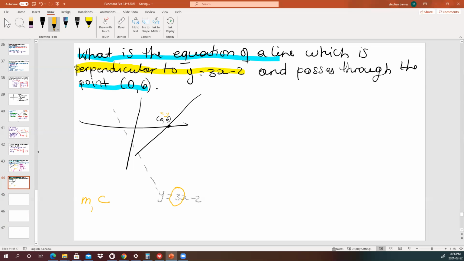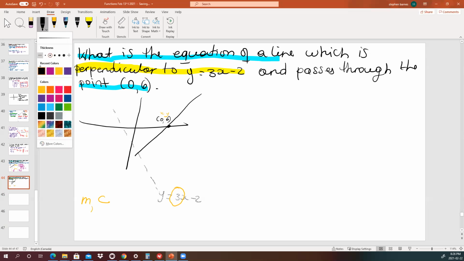So our gradient in this case, we know that these two lines are perpendicular. So we know that the product of these gradients is going to be equal to -1. This time I'm just going to use one way of working it. You can choose to use the other way, which is inverting and taking the negative reciprocal. I'm just going to use the product way.